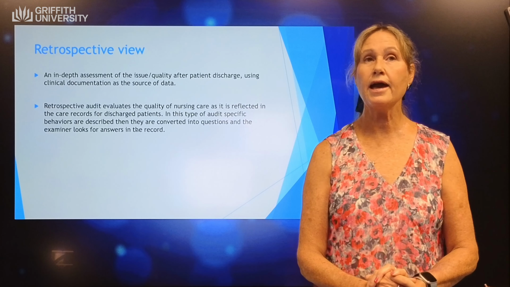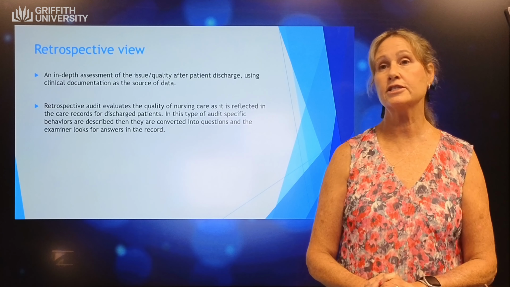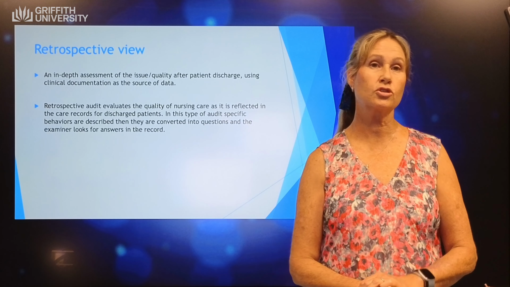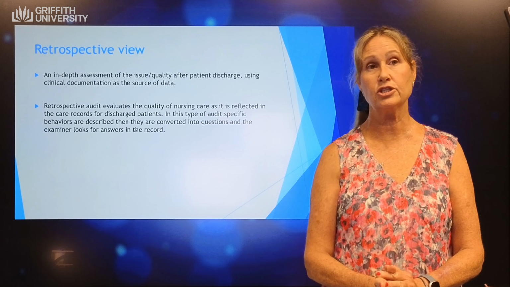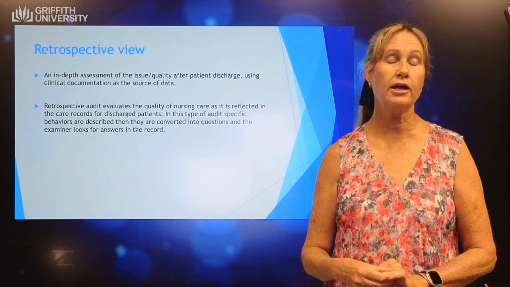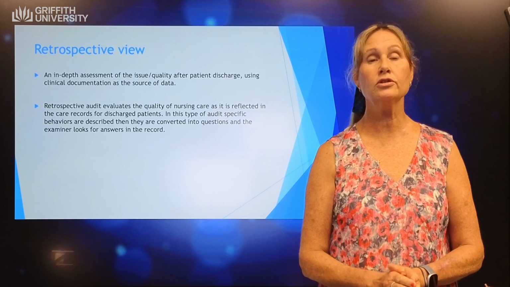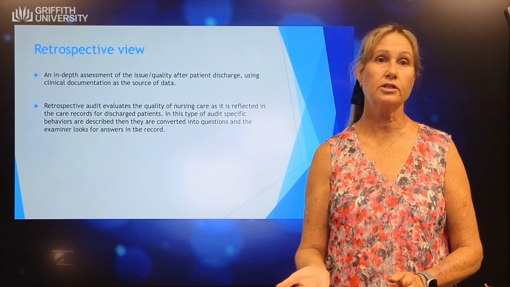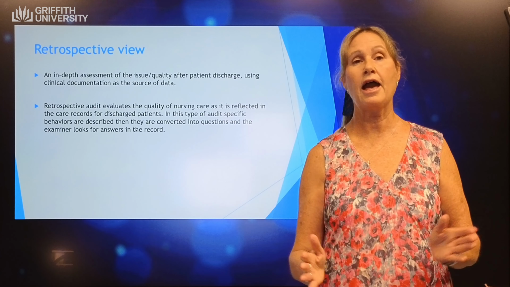You may look at an audit as a retrospective view, and this is where we're looking at maybe issues or quality concepts that we're going to look at with patient discharge. And so you're looking at chart audits. So you might look at what phone calls, follow up, patient discharge, were they readmitted, how many dressings were done.